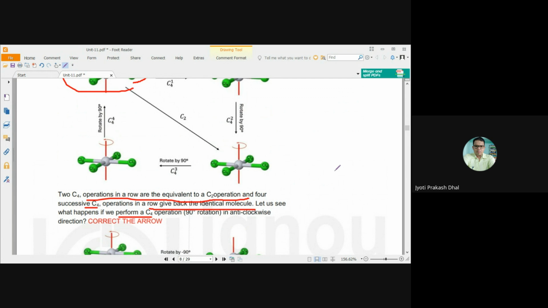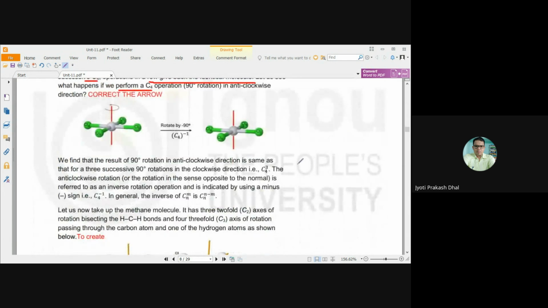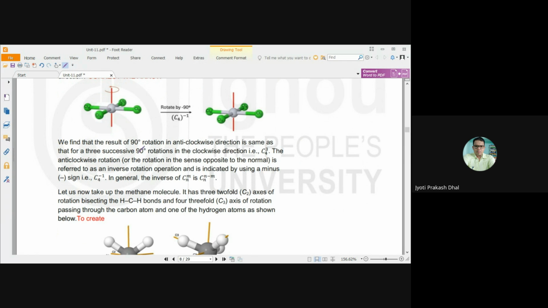Here n is 4, so the angle of rotation is 360 divided by 4, which equals 90 degrees. The result of a 90 degree anti-clockwise rotation is the same as that of three successive 90 degree rotations in the clockwise direction, that is C4^3.